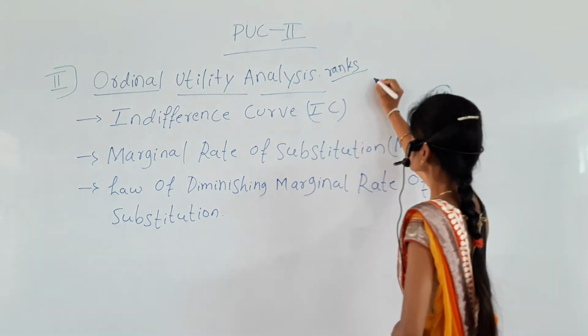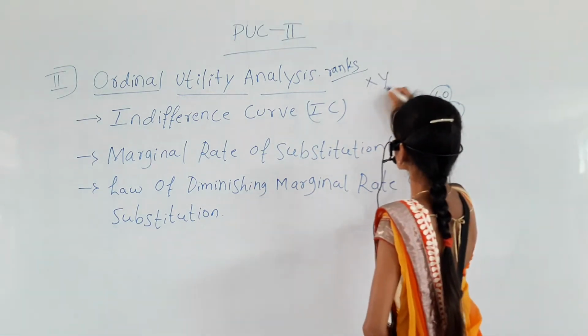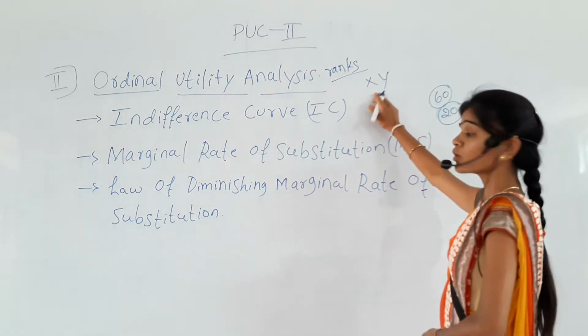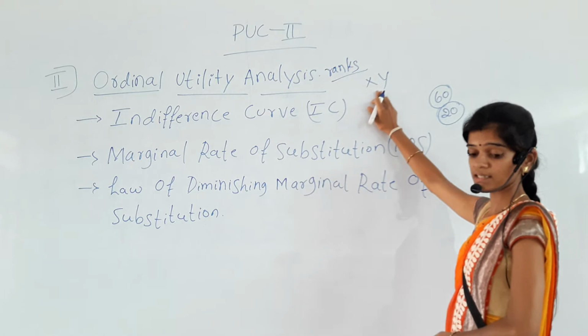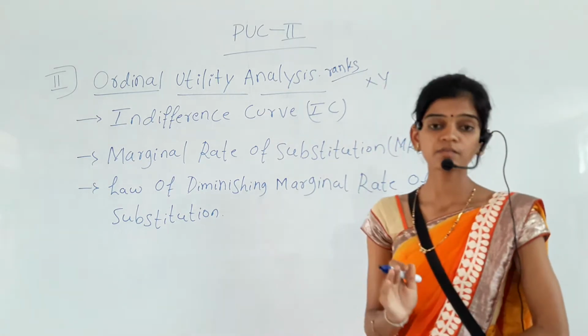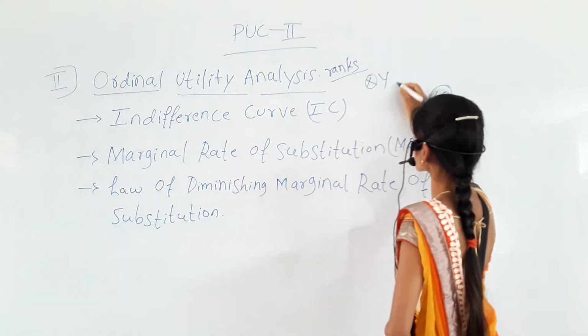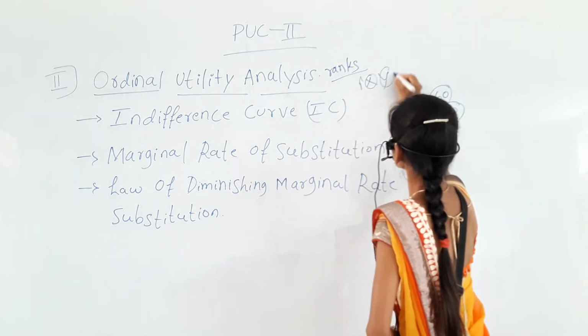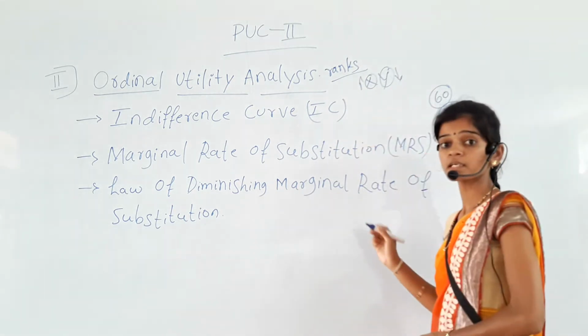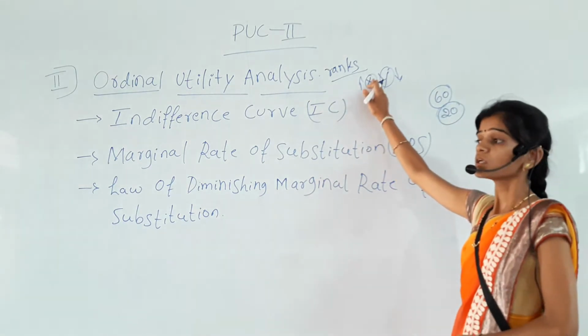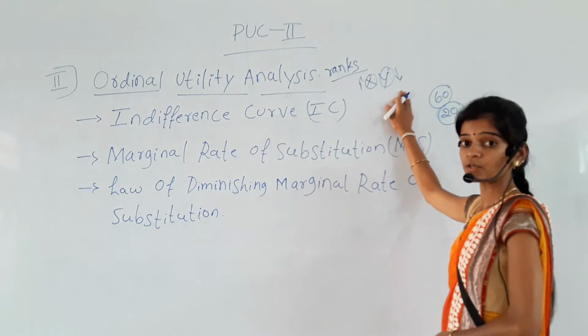So for example, here one consumer is consuming both goods X and Y. One is giving more utility and the other is giving less utility. X commodity is giving more utility and Y commodity is giving low or less utility.